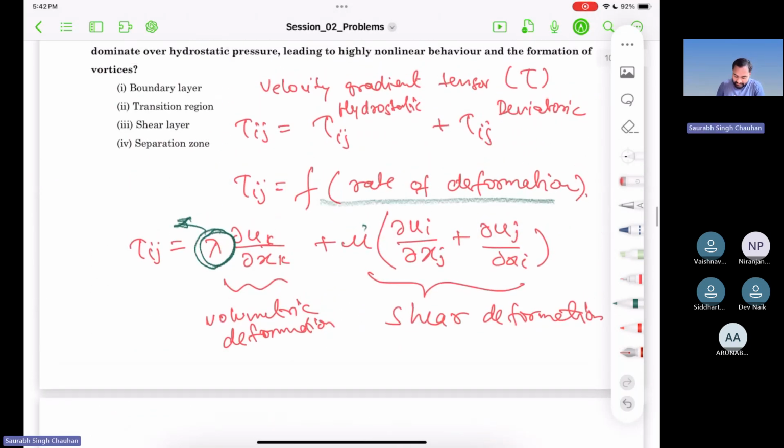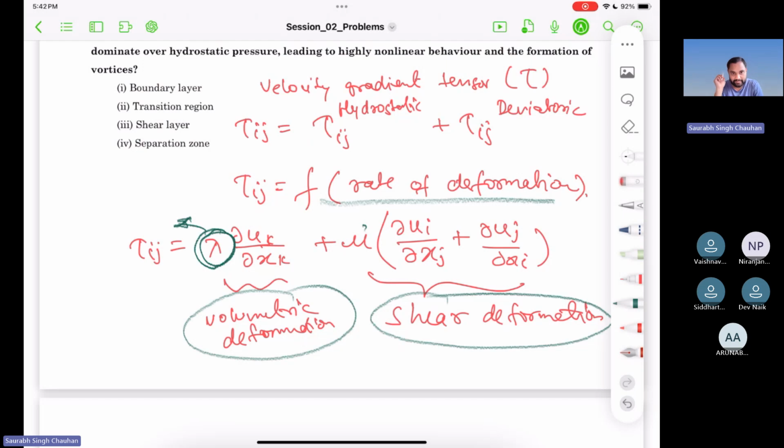So the deformation, again, I will repeat, can be divided in two parts. One is a volumetric deformation and another one is the shear deformation. In volumetric deformation, the shape will remain same. The cube will remain the same cube. The cuboid will remain the same cuboid.